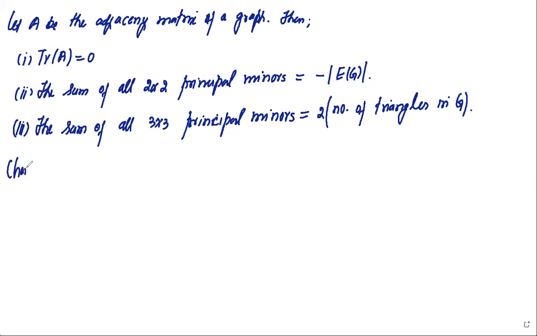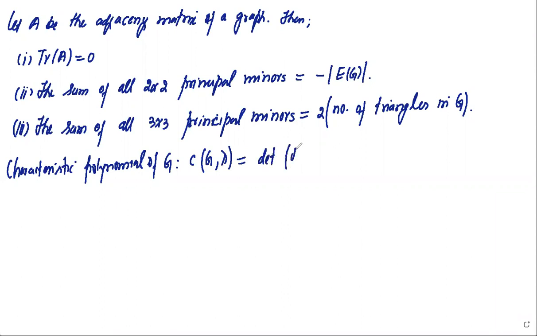The characteristic polynomial of G was denoted by C G lambda, and it is defined to be the determinant of A minus lambda I. That is, the characteristic polynomial of this adjacency matrix A is defined to be the characteristic polynomial of the graph G. And then we had defined what we mean by the spectrum of G.